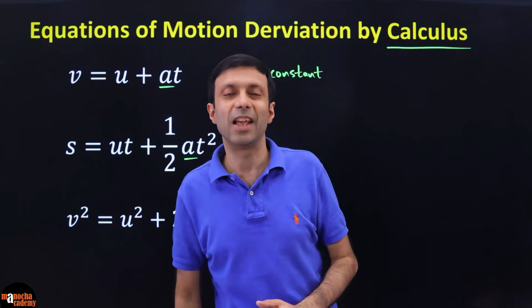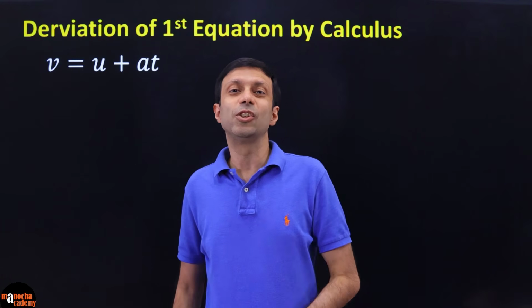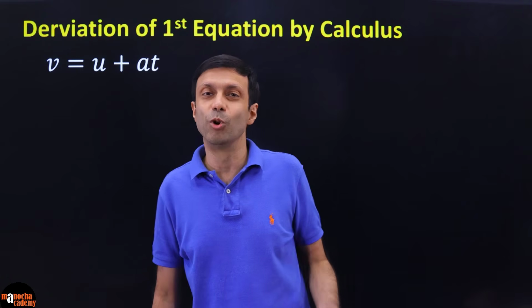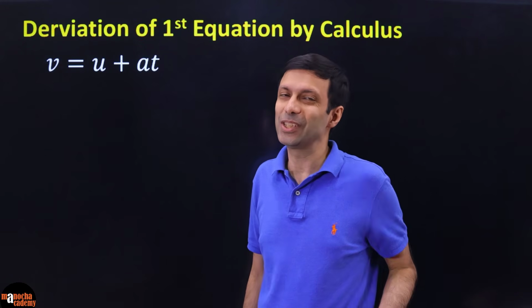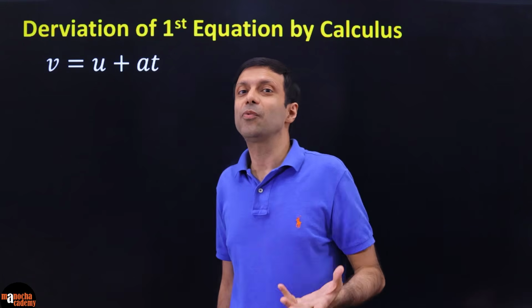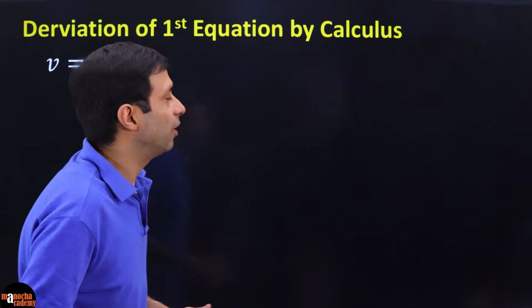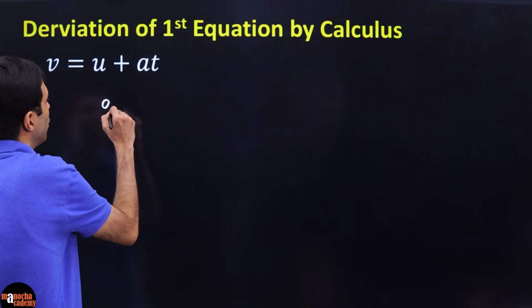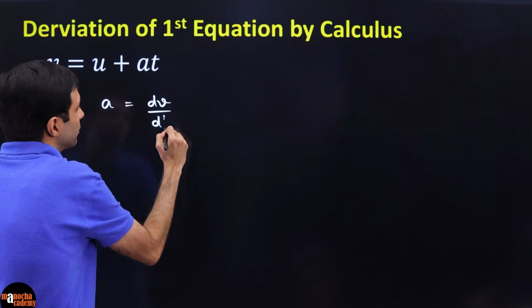So we'll start with the derivation of the first equation of motion. Let's look at the derivation of the first equation of motion, v equal to u plus at, this time using the calculus technique. We will start with the equation of acceleration. The calculus equation for instantaneous acceleration, we know a equals dv by dt.